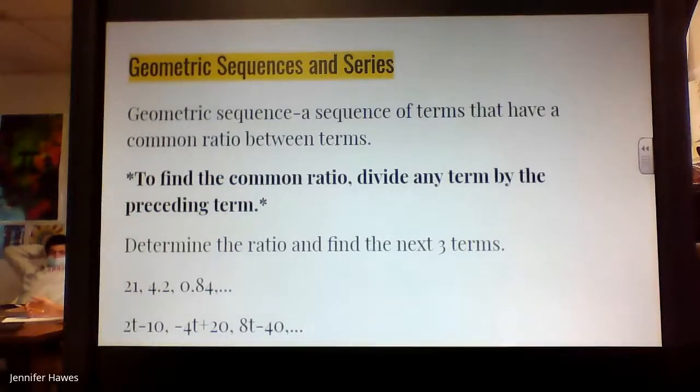Then what do I have? A -64t plus, what was it? I don't remember what it was. All right, so to find your common ratio, just take one term and divide it by the preceding one.